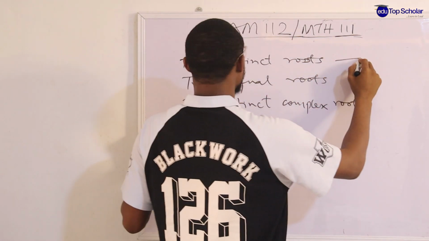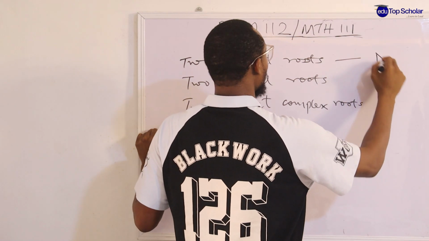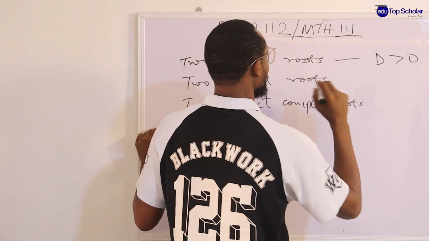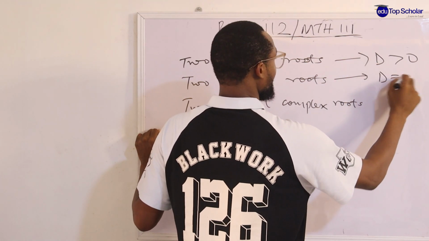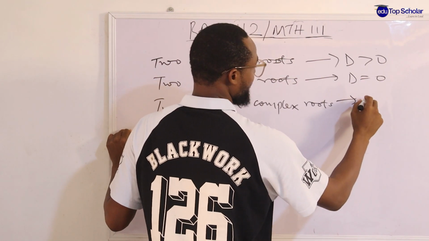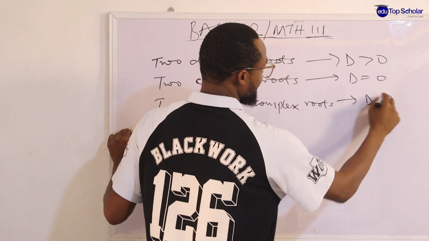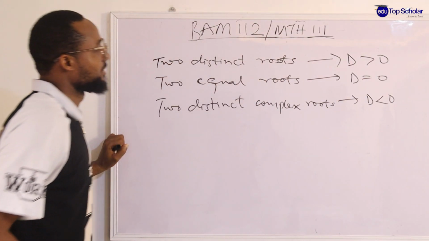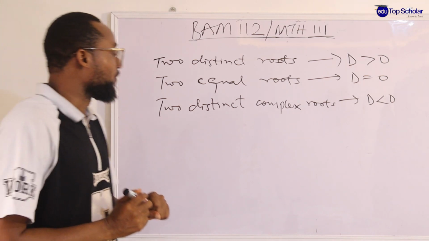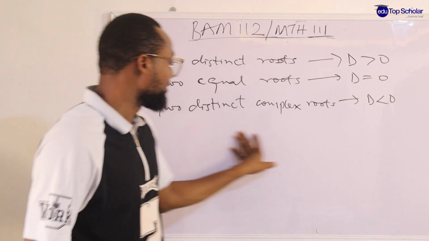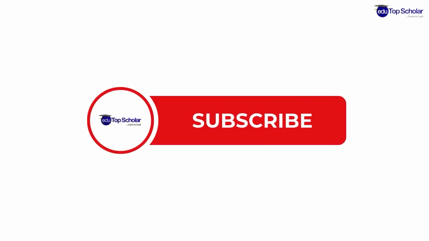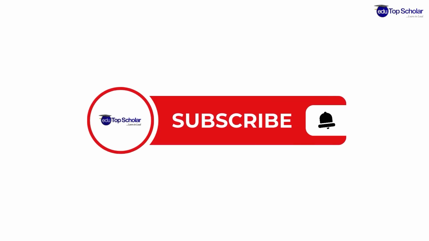The first happens when our D is greater than 0, the second is when D is equal to 0, and the third happens when D is less than 0. That's the three forms of roots that we can have, and this describes the type of roots that we have as regards the quadratic equation.